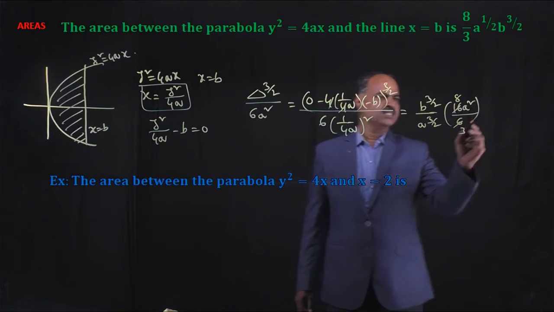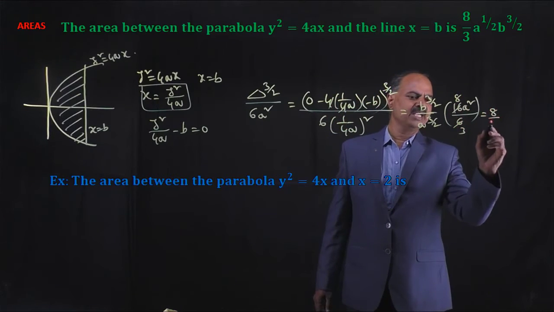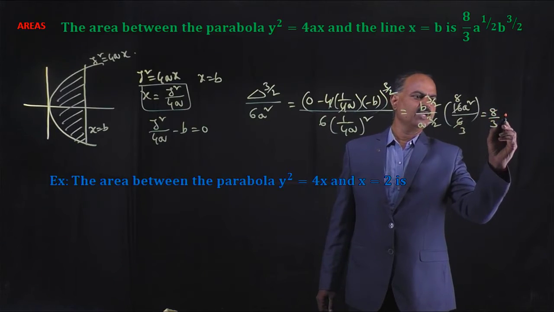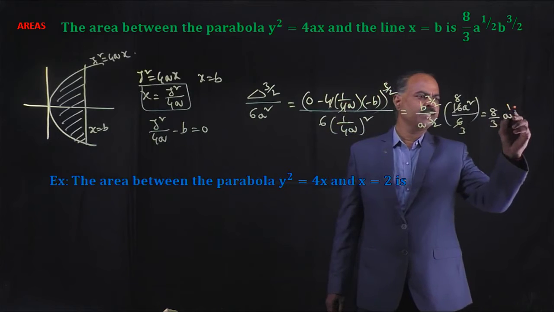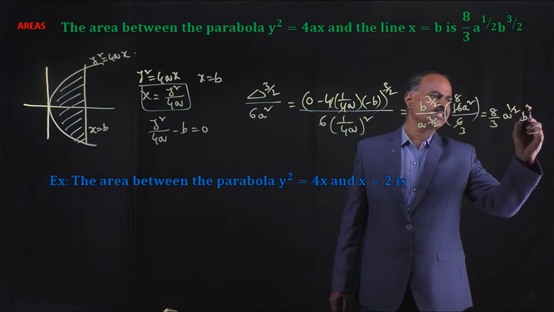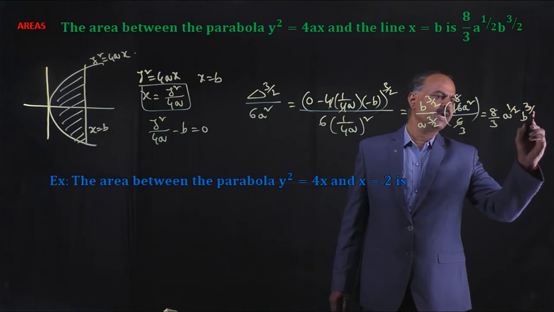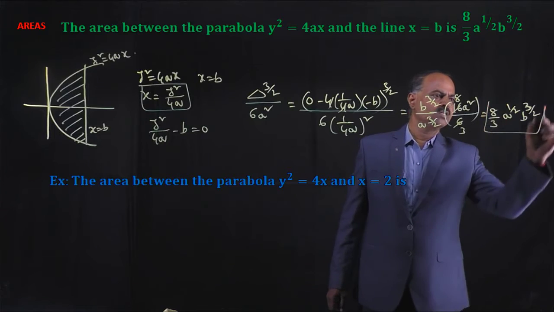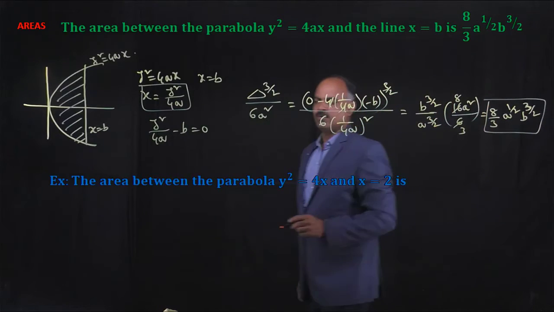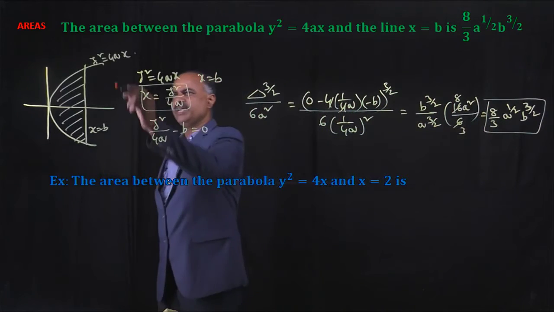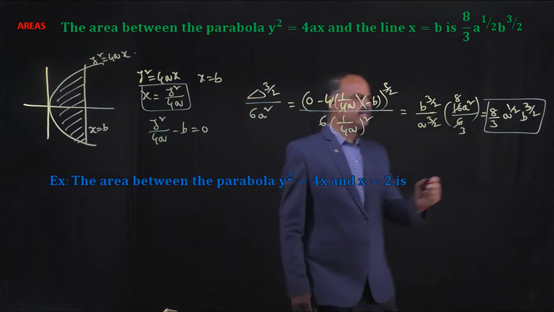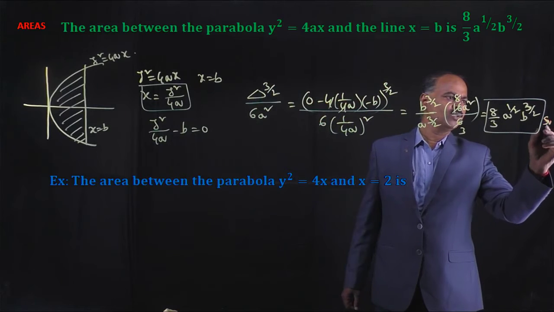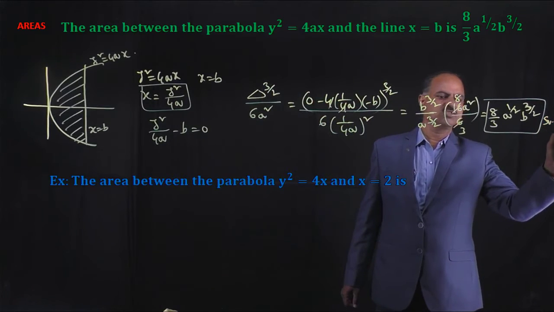So that is equal to 8/3 into a^(2 − 3/2), that is a^(1/2) into b^(3/2). Therefore the area of the region bounded by the parabola y² = 4ax and the line x = b is (8/3) a^(1/2) b^(3/2) square units.